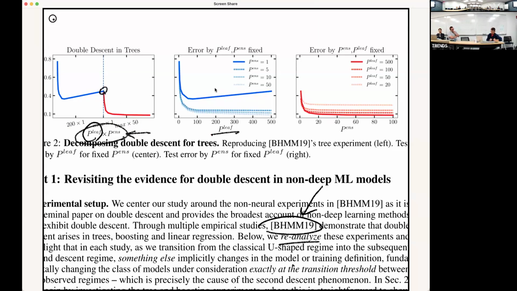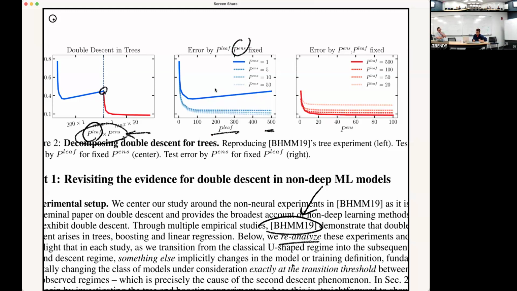If you fix the number of trees, this is P of n's ensemble, I guess, then you see a classical convex U shape curve, with the number of leaves in the tree. Performance decreases. Up is bad, low is good.